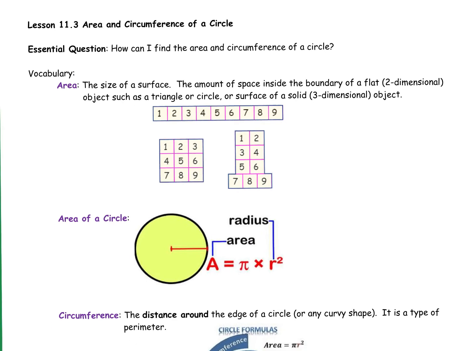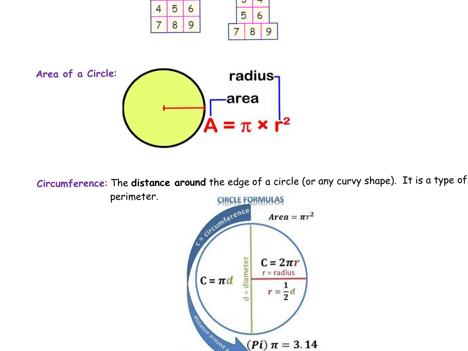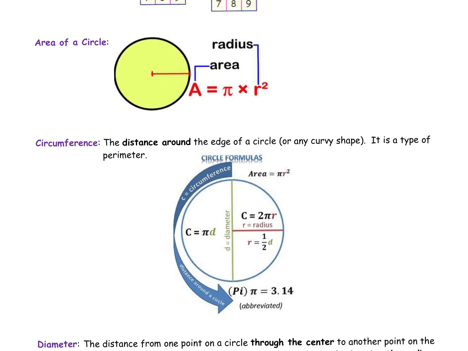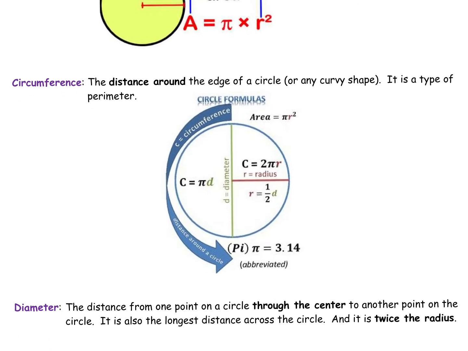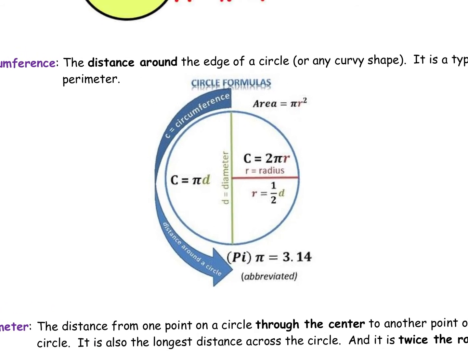The circumference is the distance around the edge of a circle or any curvy shape. Right now we're just talking about a circle, and it's a type of perimeter. So it's the perimeter of my circle, and this little picture I found actually has all the equations on it and everything we need to know.